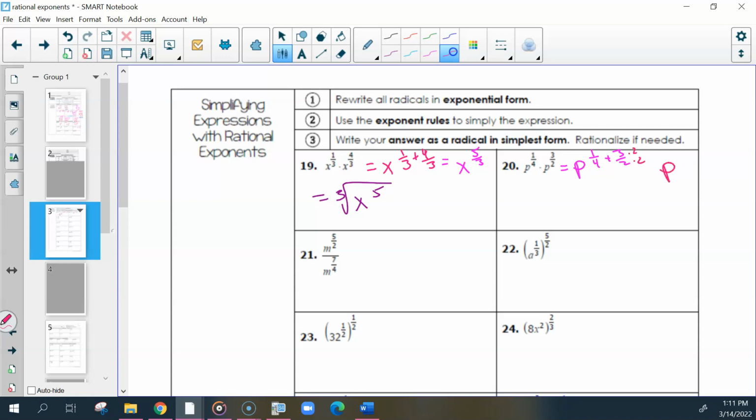So we have p to the 1/4 plus 6/4. And then that would become p to the 7/4. We're adding our exponents. Now that this is in its final exponent form, this would be the fourth root of p to the 7th.